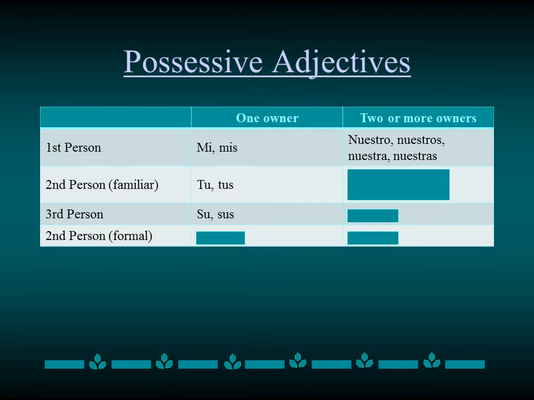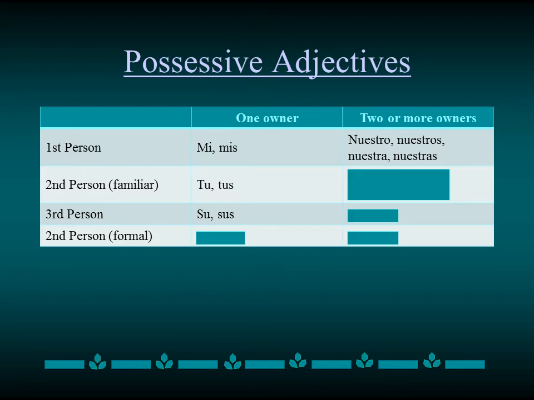Backpack is feminine and singular, so we use nuestra. Our backpacks, nuestras mochilas. So if it's one backpack you share, nuestra mochila, and if it's several backpacks that you all own, it's nuestras mochilas, our backpacks.